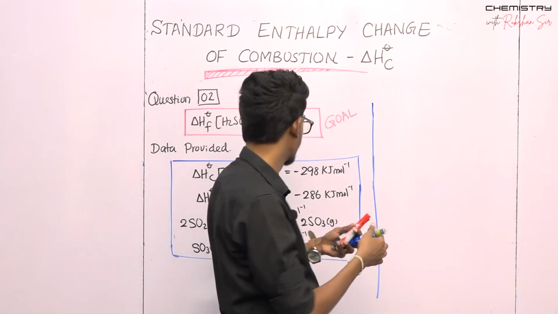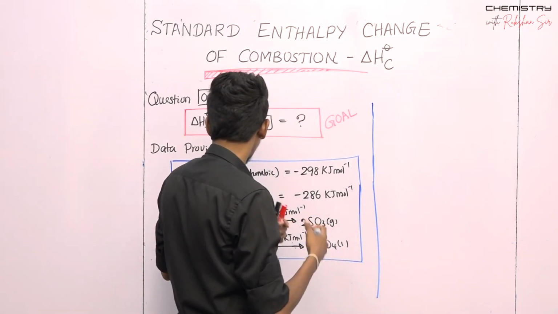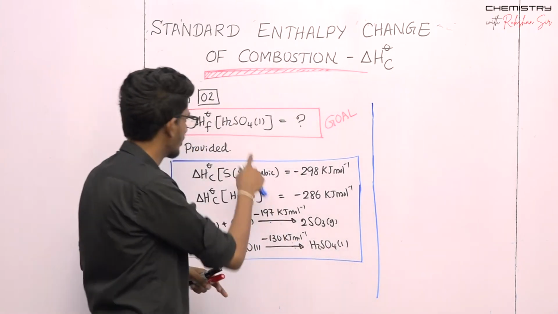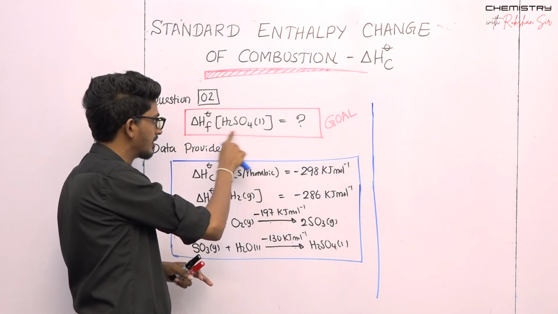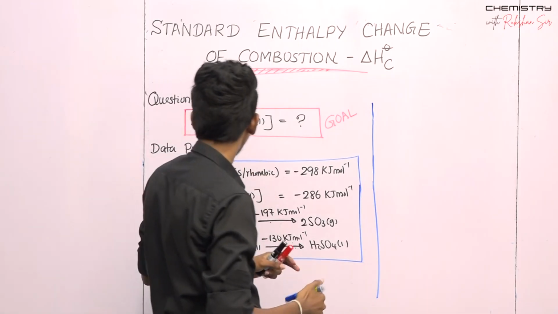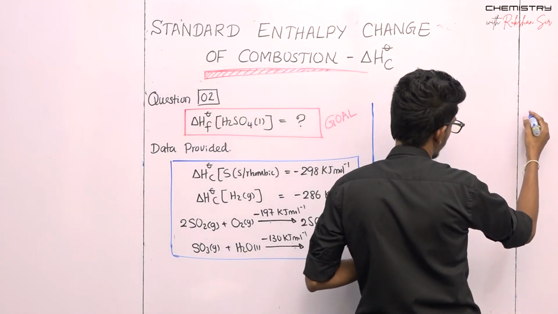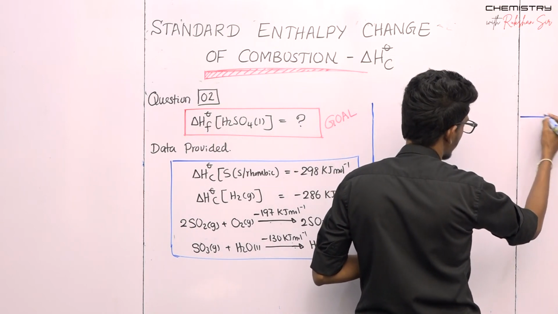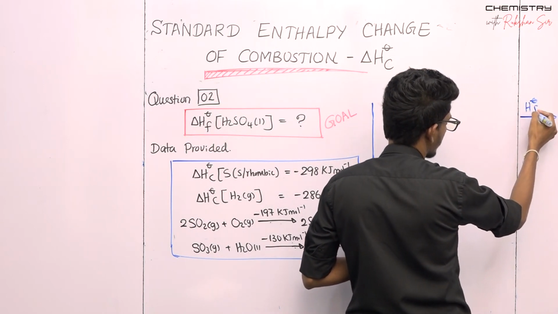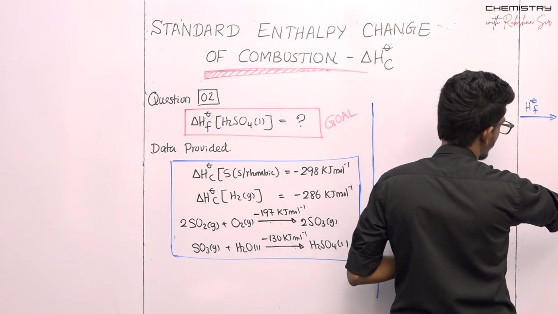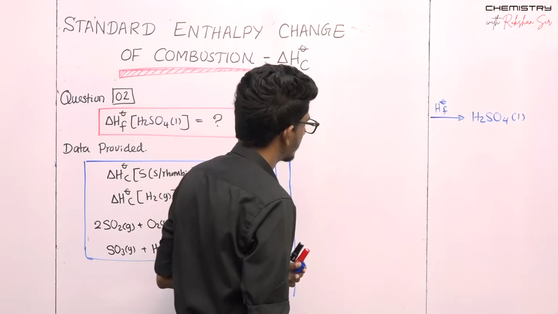Let's come up with the goal, right? So the goal is this. Let's come up with the balanced thermodynamic equation related to the goal, right? So that is all about the formation of H2SO4 liquid, right? So let's write that stuff, right? So it's all about formation of H2SO4 liquid.